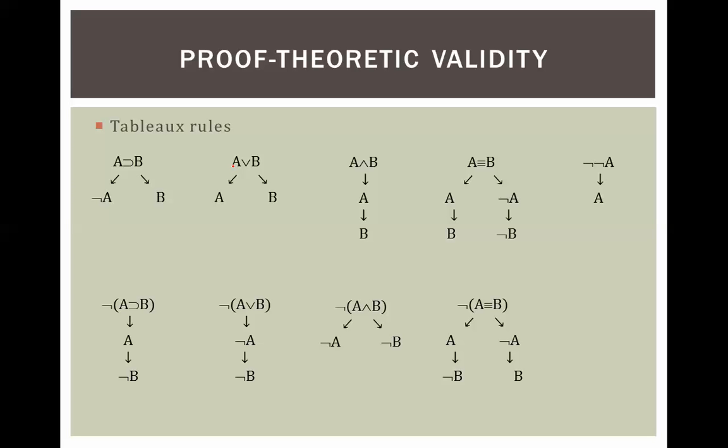All right, so here are the rules, and the rules go off basically something similar to what we had with the semantic validity, right? So these are rules. I'm not talking about true or false anymore, but really these are pretty close to what we were doing. For if you have an if A then B, right? If you have this.